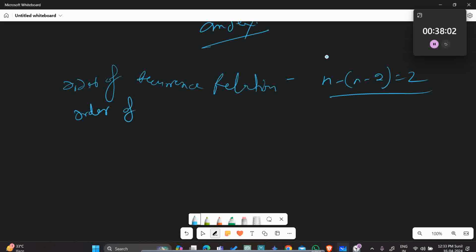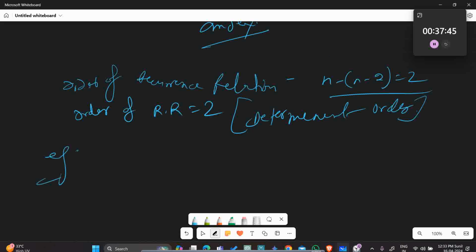The order of recurrence relation is equal to 2. So it is a determinant order here, right?